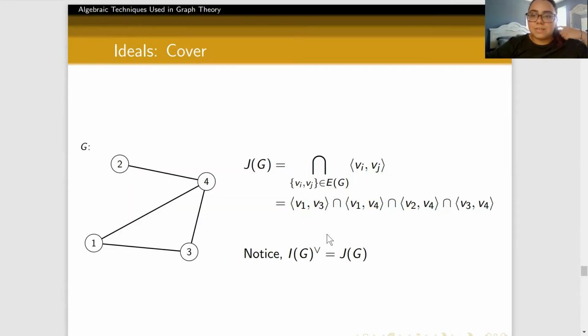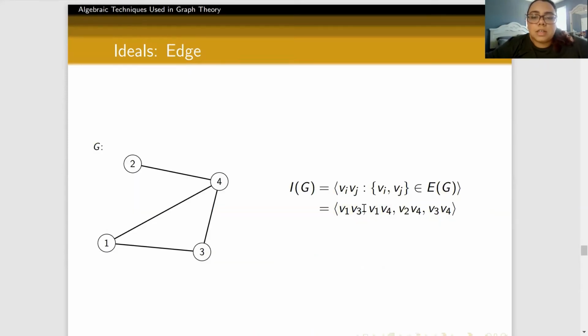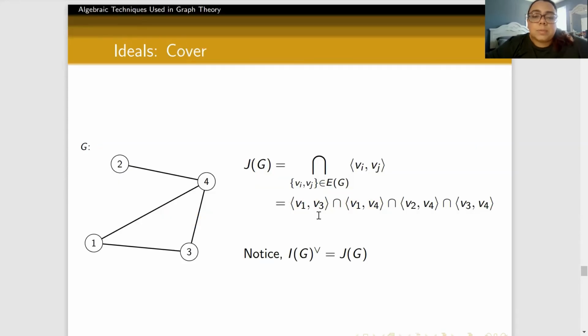The cover ideal is given by the intersection of the pairs of vertices that form edges. So this is the cover ideal for our graph. We see that we have (v1, v3), (v1, v4), (v2, v4), and (v3, v4) for all of the edges. And we can also see that the generator v1 times v3 in the edge ideal turned into (v1, v3) in the cover ideal.